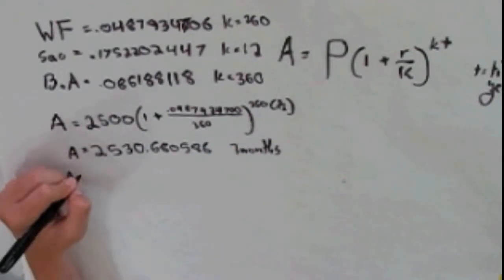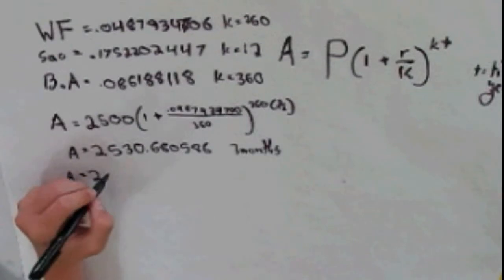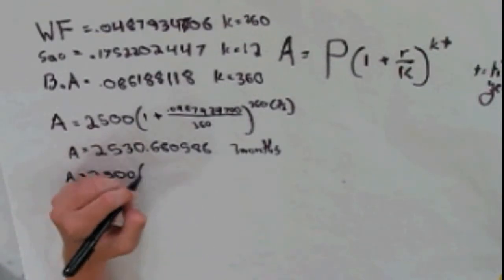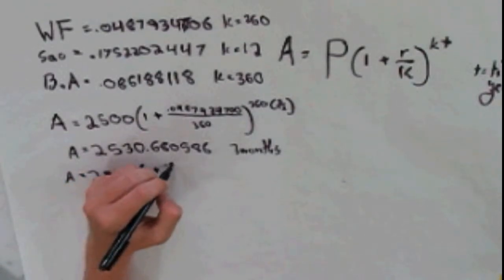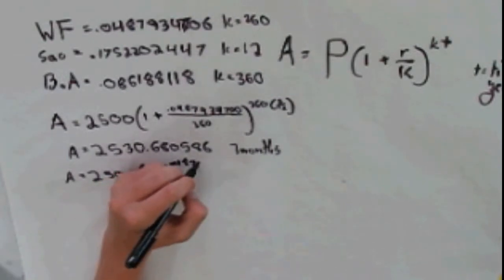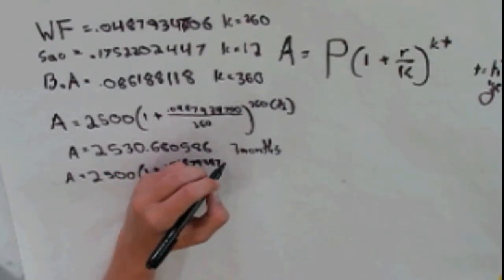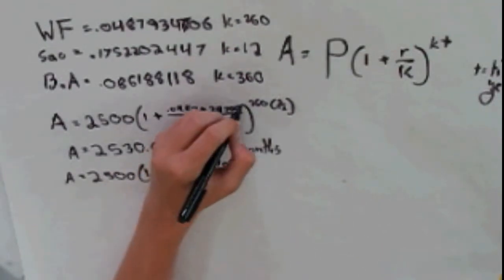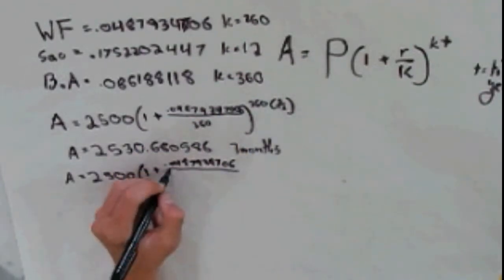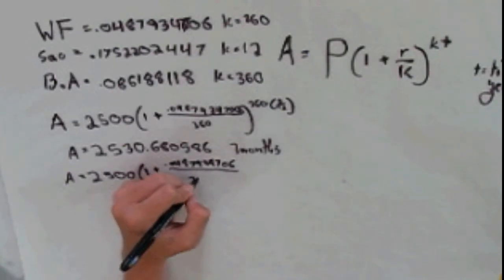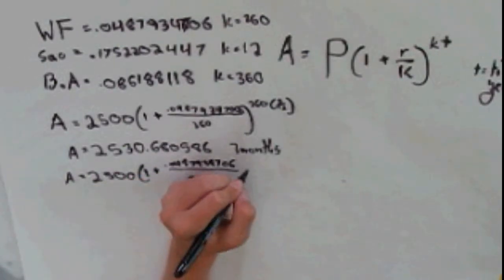Now, when you do 5 months, it's the exact same thing, except this time the T value is going to be different because it's a different time.